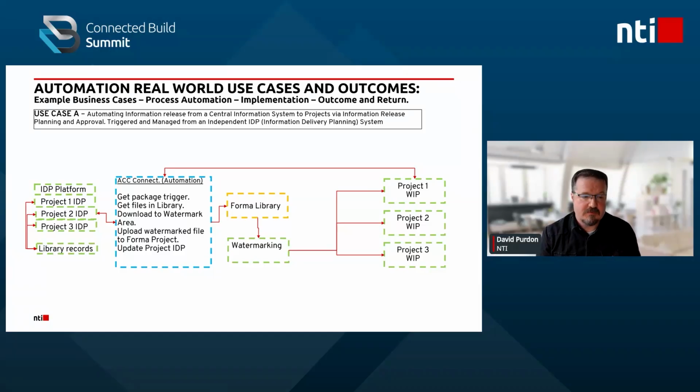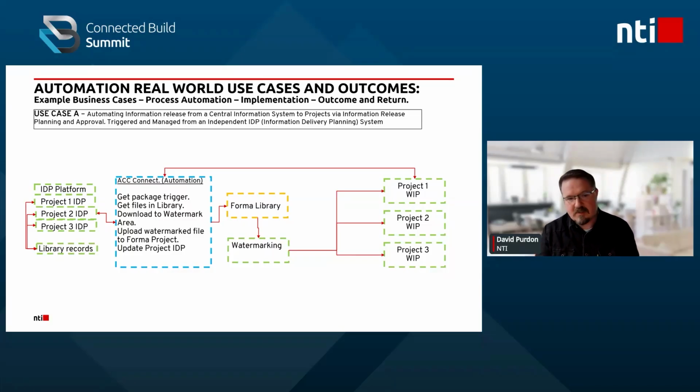Then we worked with them to build out an automation platform that sat in between. In this particular instance, it was ACC Connect, but it could have been Integrator, it could have been any other tool that we use for automation. That platform controlled 5 or 6 different things. It was waiting for a trigger from each of the independent delivery plans for each project to send a signal from the package.